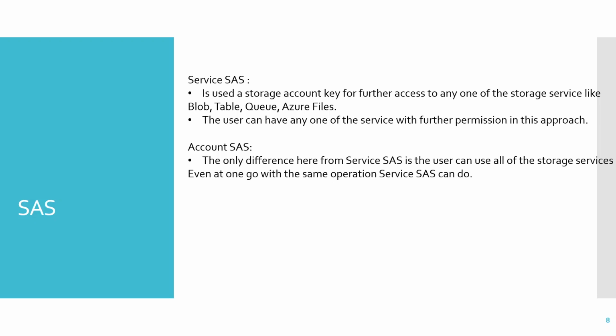Practically, if you go to the Azure portal and try to generate a SAS key to connect to these flavors, account SAS will provide you four simultaneous URIs with this token, whereas a service SAS will only provide a single URI or URL for either blob, table, queue, or files. So that is the difference.